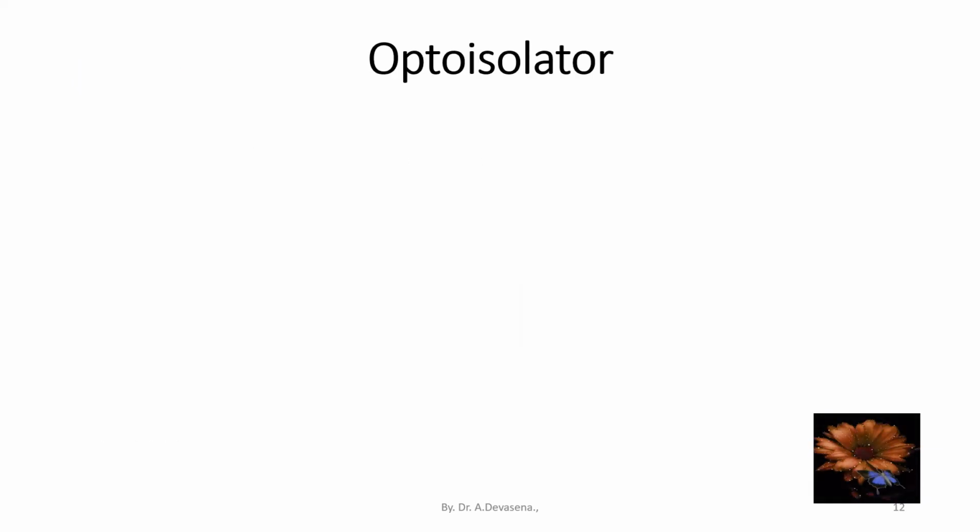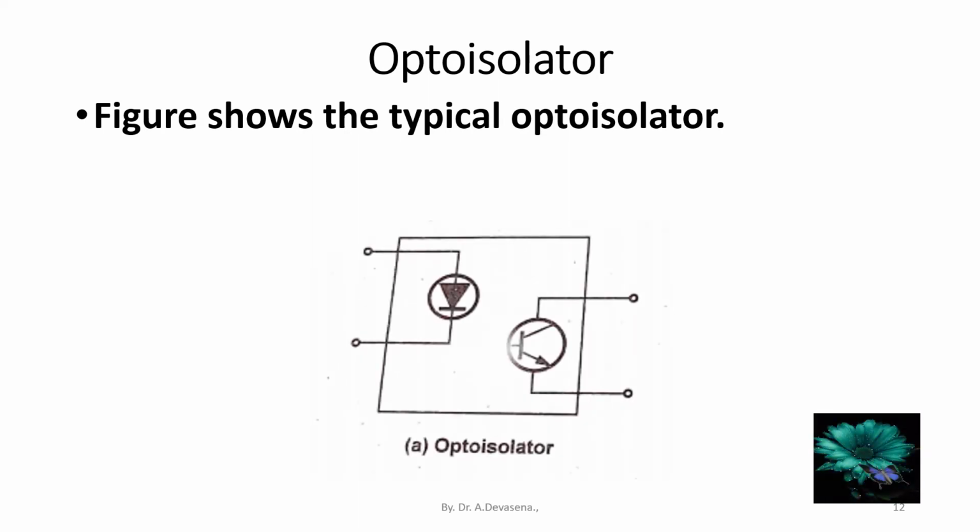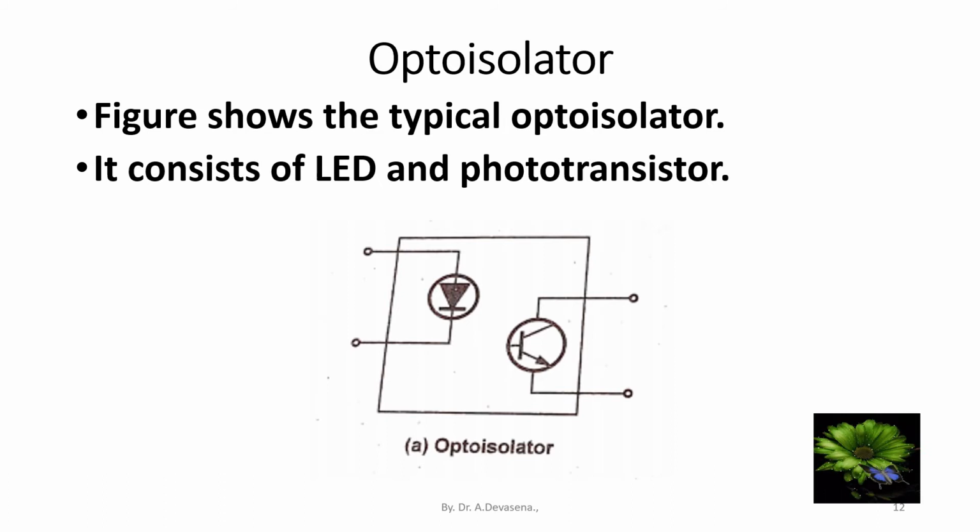Optoisolator. The figure shows the typical optoisolator. Here is a representation of the optoisolator. It consists of an LED and a phototransistor. That is, on the input side we have the LED and on the output side we have the phototransistor. This is represented in this diagram.